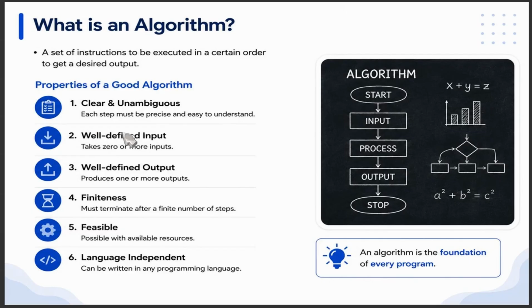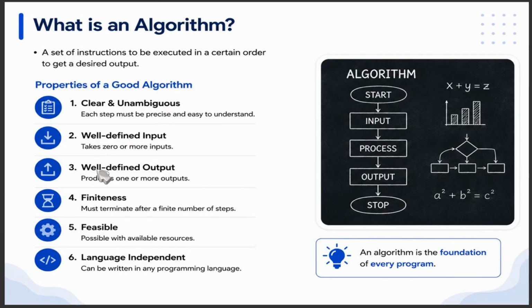The second property is well-defined input. An algorithm can take 0 or more inputs. A greeting algorithm might take a name as input. An algorithm that generates a random number might take no inputs, but if it expects a certain type, that must be specified.